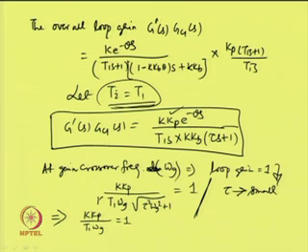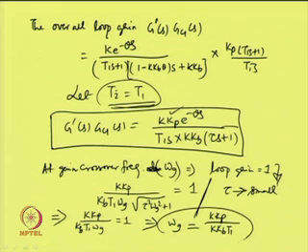Oh, this KB is missing here. So, that way that will give us omega g is equal to K K P upon K K B and T 1. Here K is also missing.